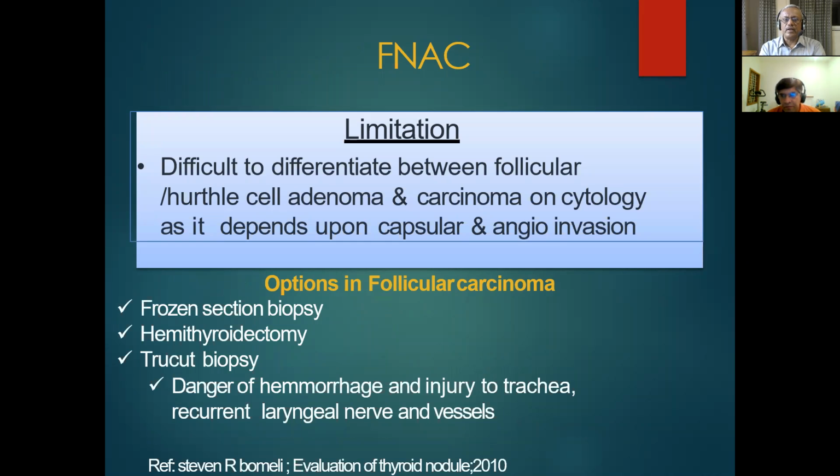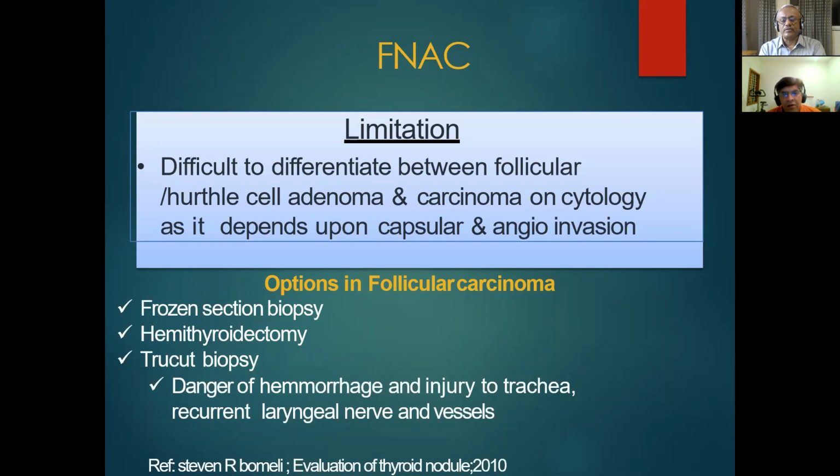In case you don't get an answer in your FNAC, because some of them will have a lot of fibrous tissue, scirrhous reaction, it is difficult to detect the malignant cells. Remember, you want these diagnoses by minimally invasive procedures, because you don't want any major surgical intervention.